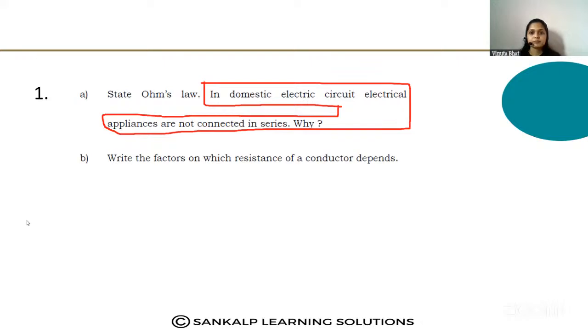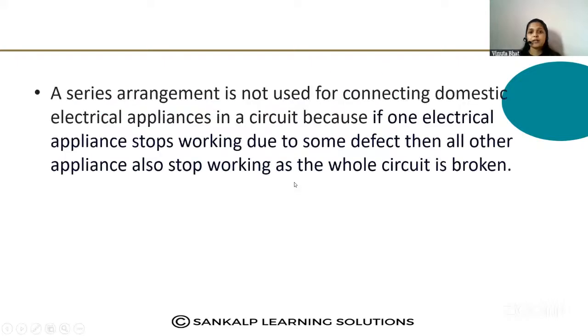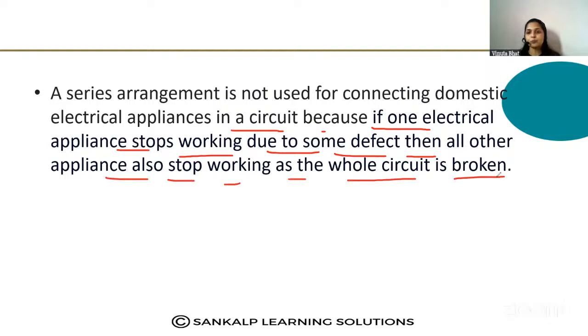Because a series arrangement is not used for connecting domestic electrical appliances in a circuit. If one electrical appliance stops working due to some defect, then all appliances also stop working, as the whole circuit breaks down and will collapse.